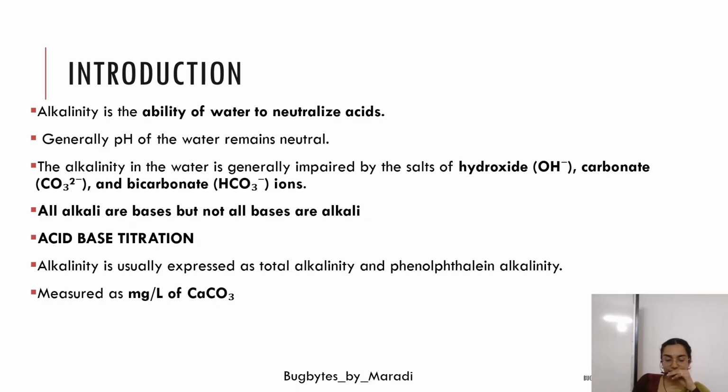We'll be discussing that in the further slides. The result is measured as mg per liter of calcium carbonate. It tells the operators or any chemist how much acid the water can absorb before the pH starts to drop.